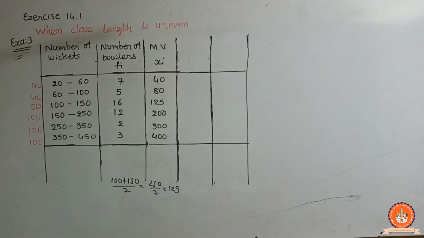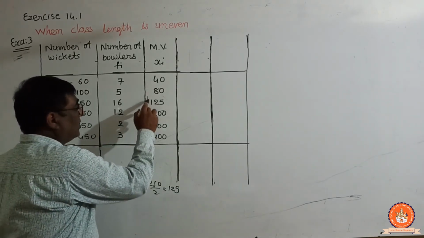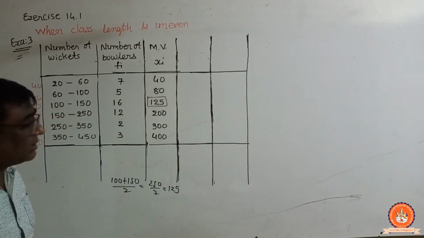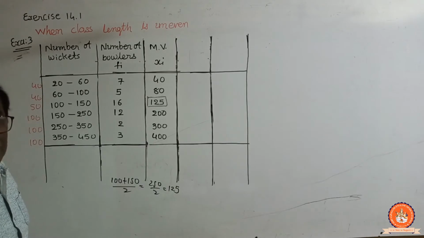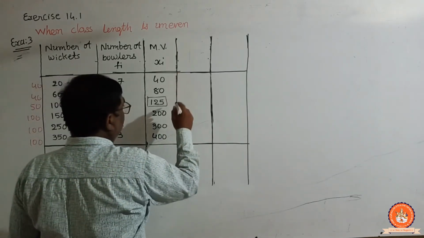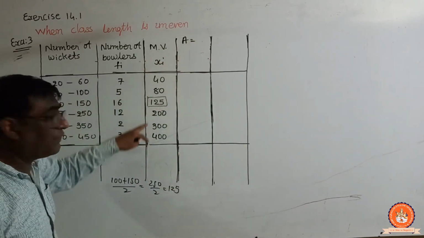And you look at it, except this number, all the numbers are round figure numbers. So if you want to use the step deviation method, you can use it. Let us try. So we will assume some even or round figure number.